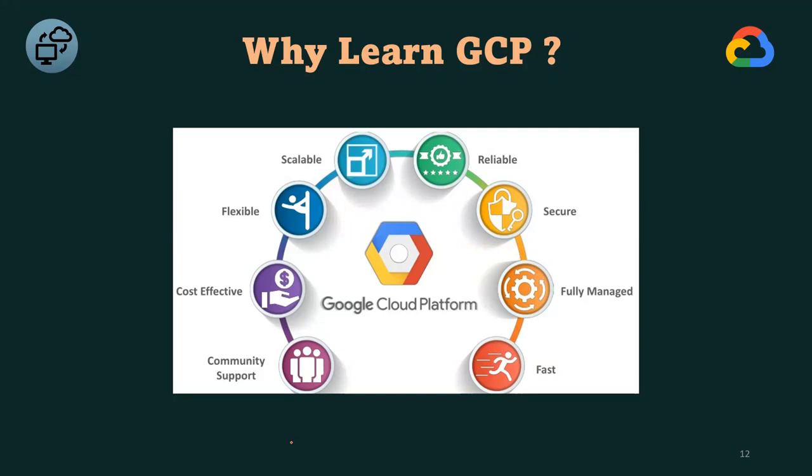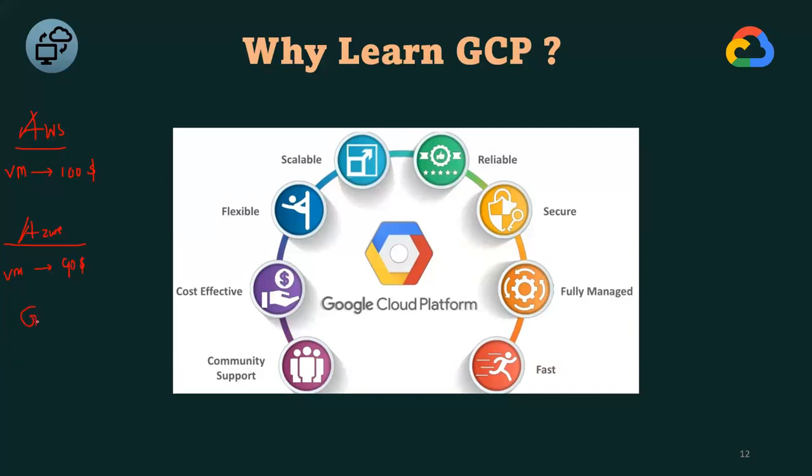And one more thing is that Google provides you services which are cost effective. If you go to AWS, for one virtual machine, it is $100. I'm just telling you the comparison. The cost of one small virtual machine is $100. If you go to Azure, the cost of the same virtual machine will be somewhere around $90.